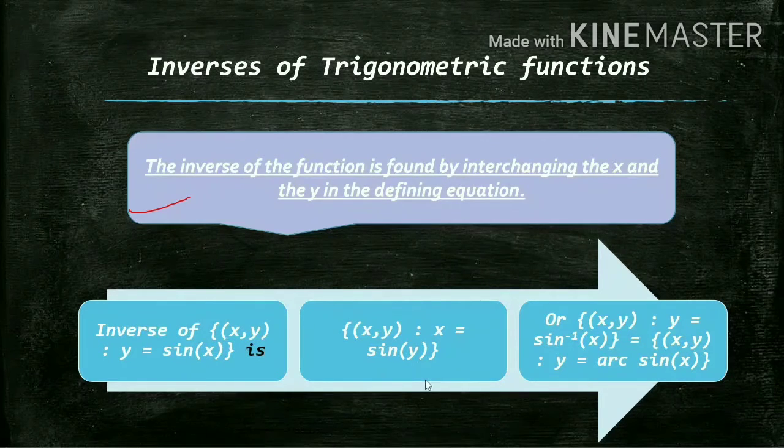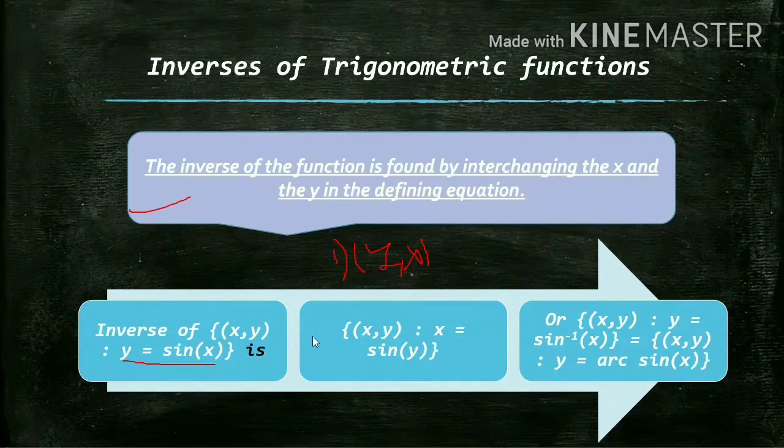There are two things to do. First thing I told you earlier, just interchange this x and y. That means in place of x comma y, you write y comma x, and leave this equation as it is.